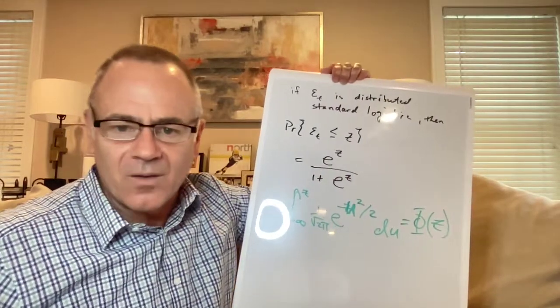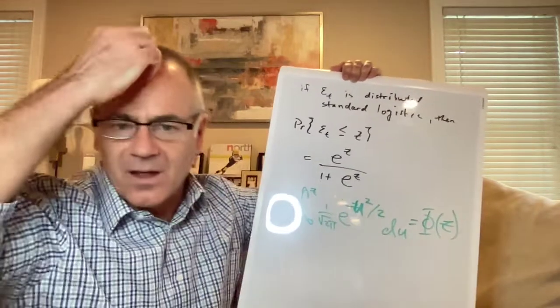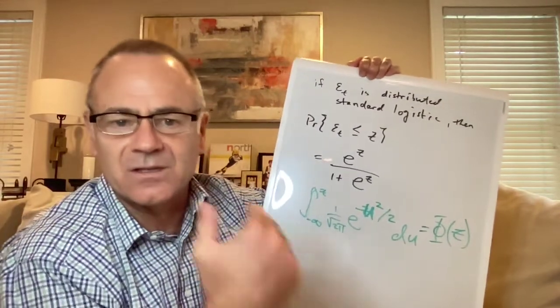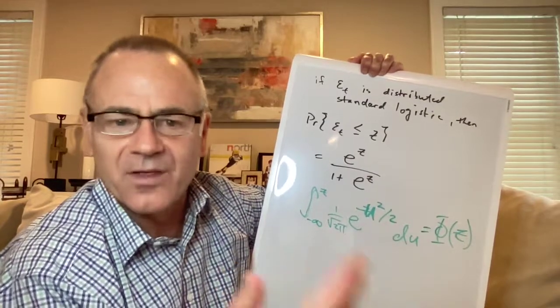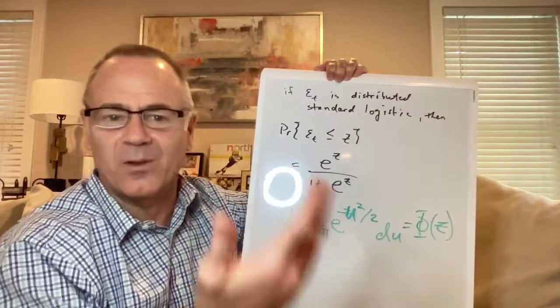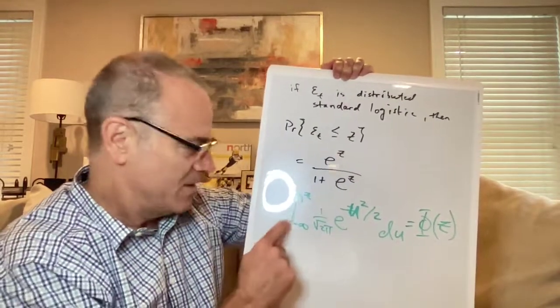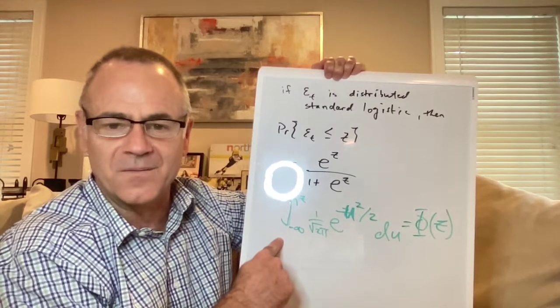That's the reason a lot of people use Logit rather than Probit. It's just because Logit's a simpler formula. The logistic distribution is simpler than the normal distribution.